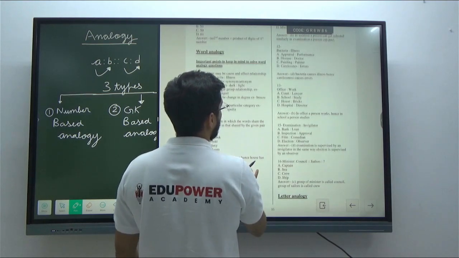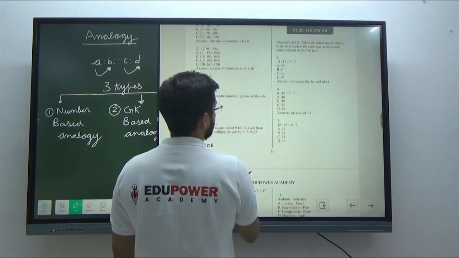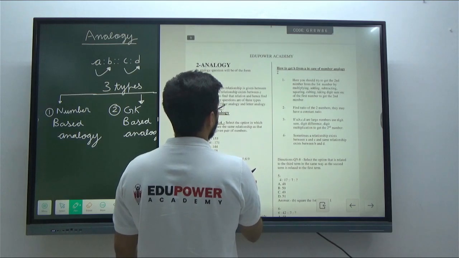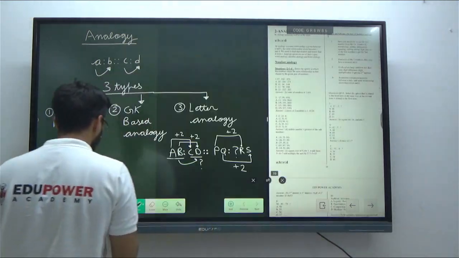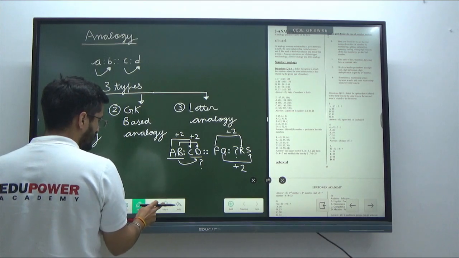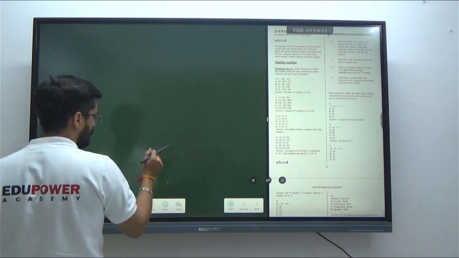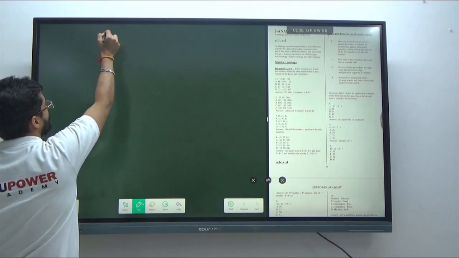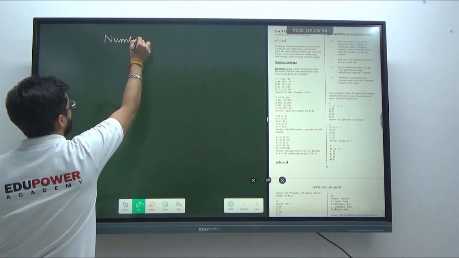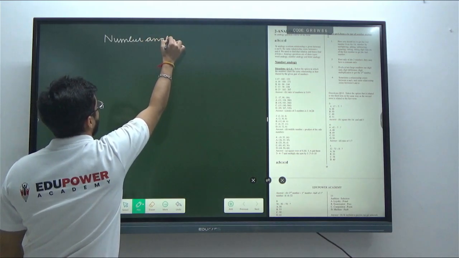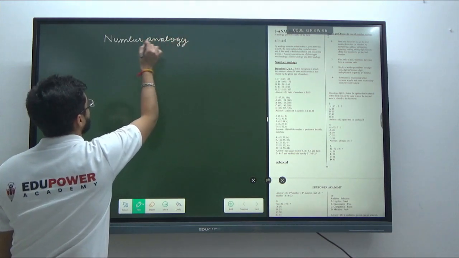Or else we can study some questions based on number analogy also. Number analogy. So we are studying type 2 questions, which is based on number analogy.